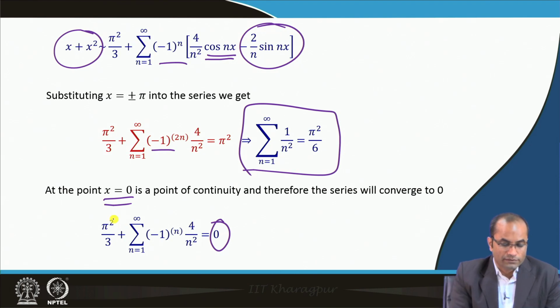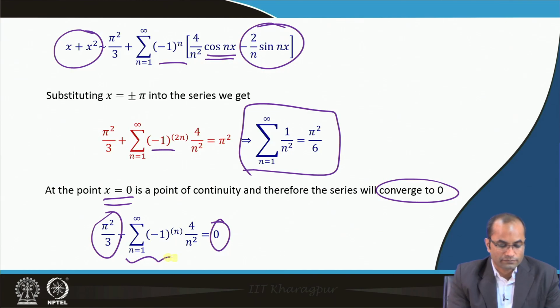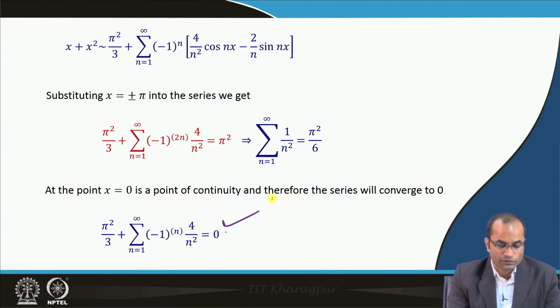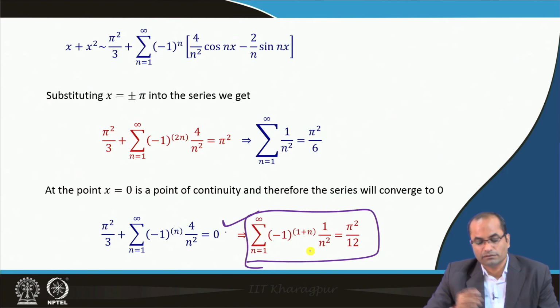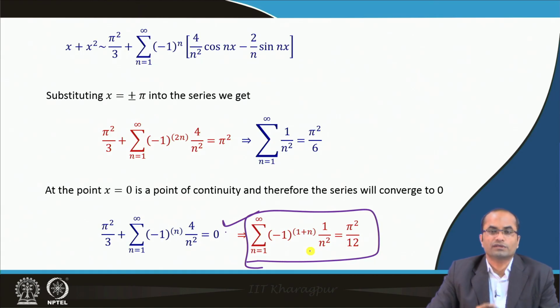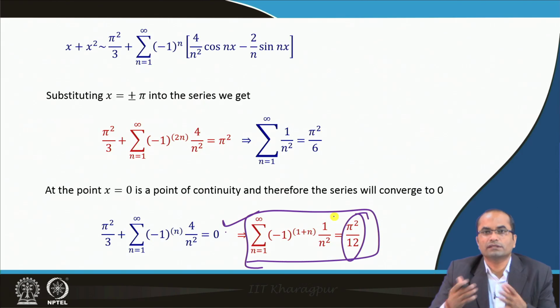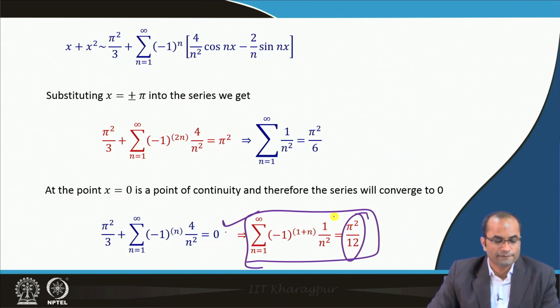So here we have pi square by 3, and when we substitute x equal to 0, everything is set to 0, and there we get this series, which is precisely the series asked in the question. So here we get pi square by 12. So by this convergence theorem, we can find the sum of many series.